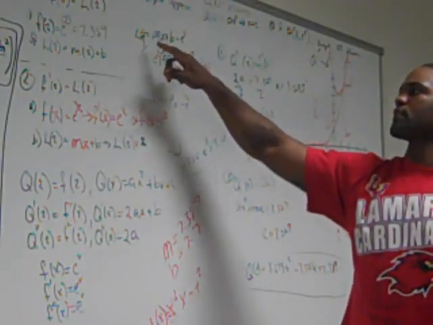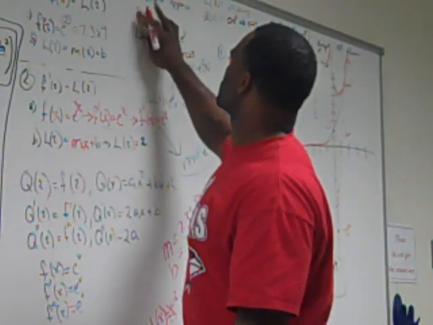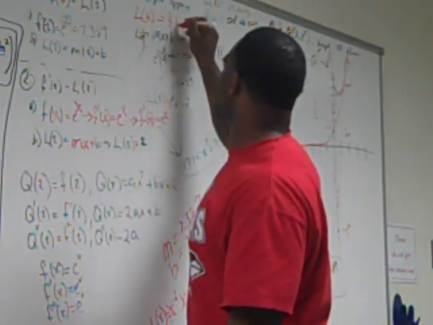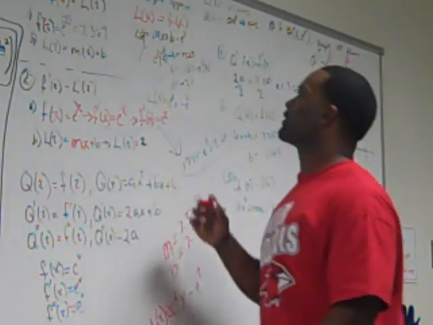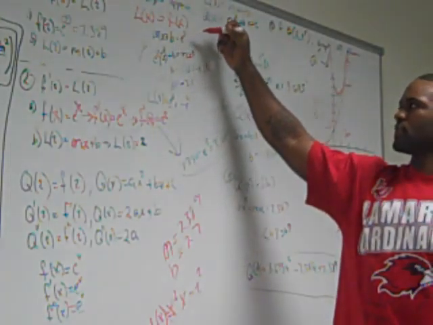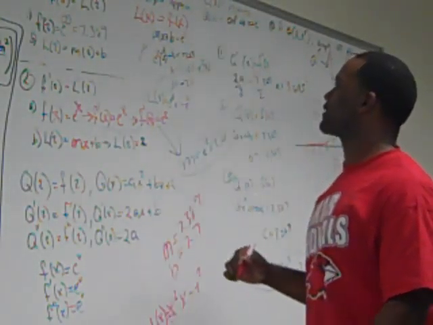So what I did was I set L of x equal to f of x. So now I have mx plus b is equal to e to the x.